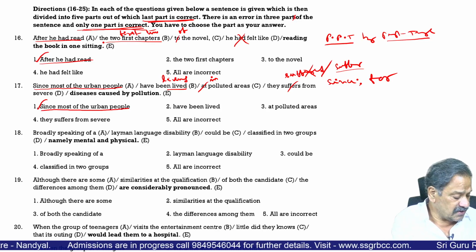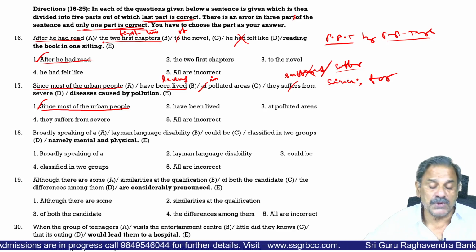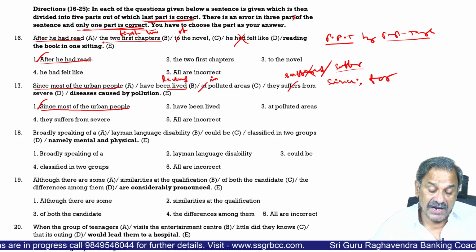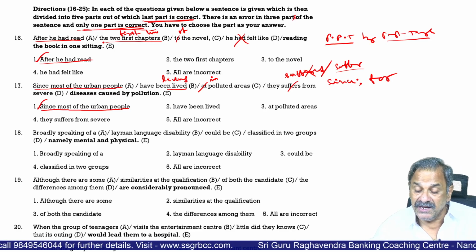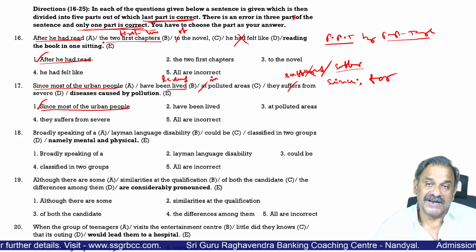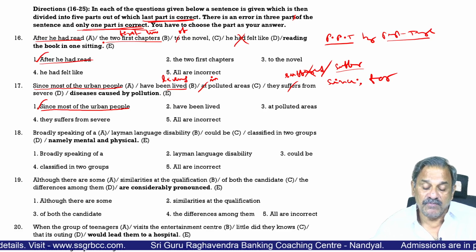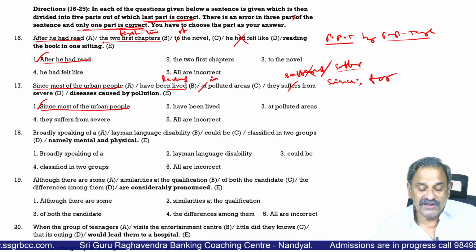Next: Broadly speaking, of a layman language, disability could be classified in two groups. As soon as you read this sentence, you may get one part which is flaw free: 'could be', there is no error.